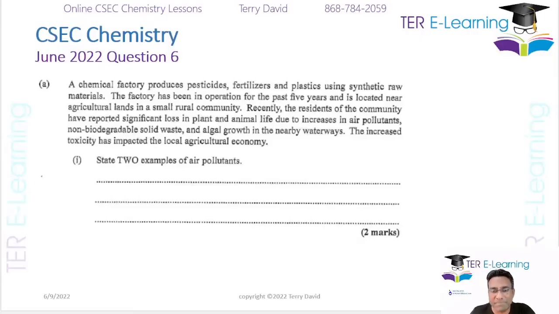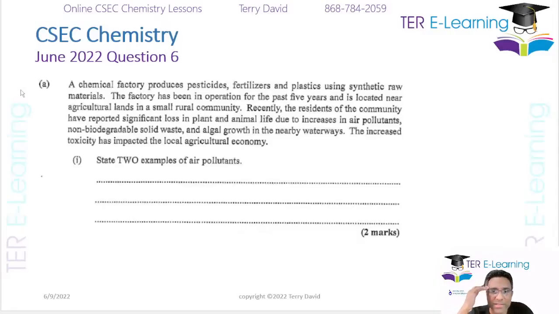So let's see what's happening here now. We have a chemical factory. It produces pesticides, fertilizers, and plastics, using synthetic raw materials. The factory has been in operation for the past 5 years and is located near agricultural lands in a small rural community. So you have this factory somewhere in the bush, but it's polluting the environment.